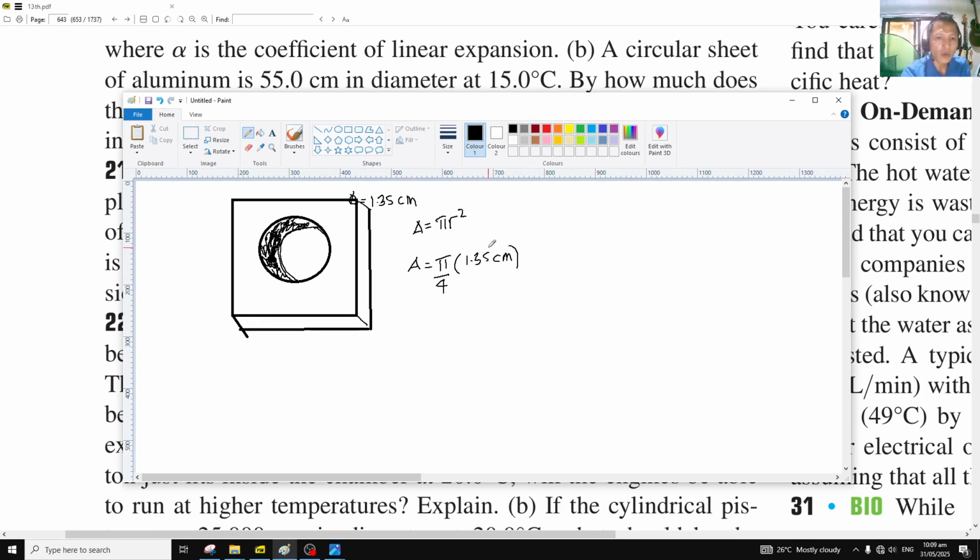So you would have an area of pi times 1.35 squared divided by 4, which is 1.43 square centimeter in three significant figures. I will save that and use it directly without rounding. So that is for letter A, the area of that hole.